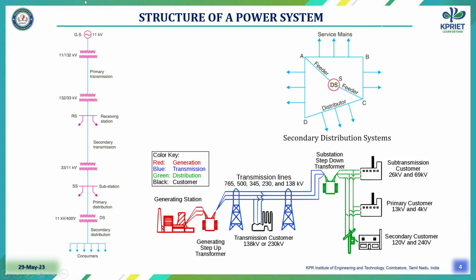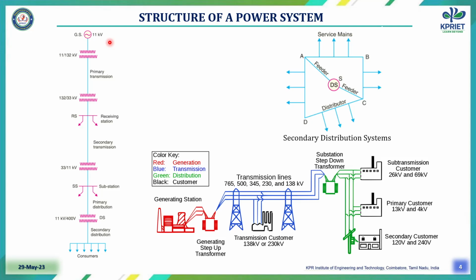First is the structure of the power system. The first one is the generating station. Normally we generate the power at a rating of 11 kV. Why do we generate only at 11 kV?